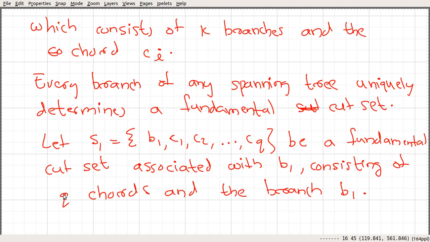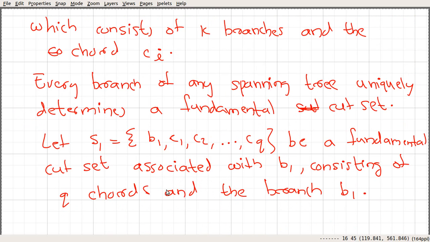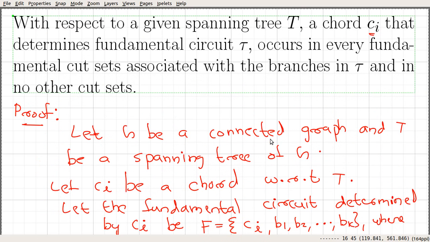So S1 is this set, and B1 is common to both S1 and F. Since we have this theorem, there must be an even number of edges common in a cut set and any circuit, so there must be at least one more edge common in both F and S1, other than this B1.